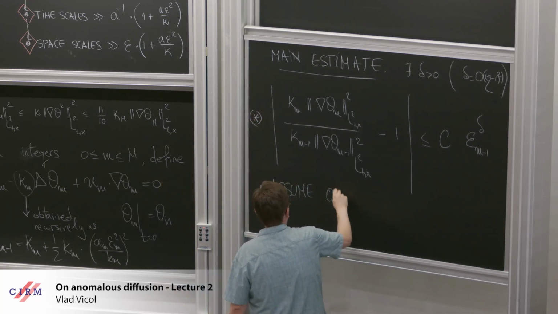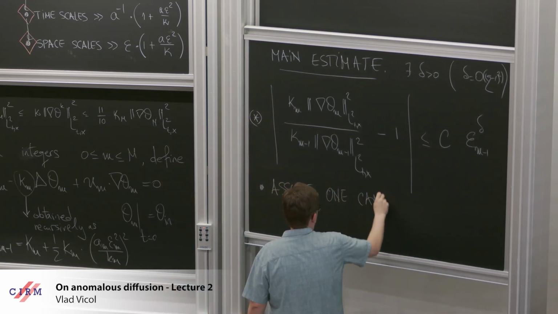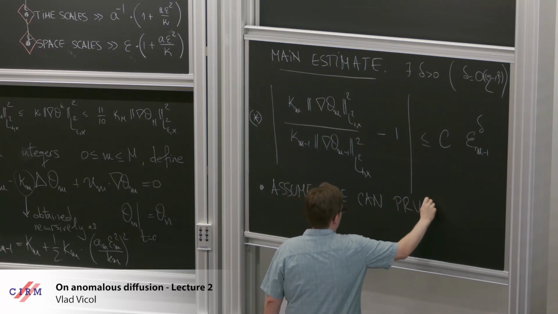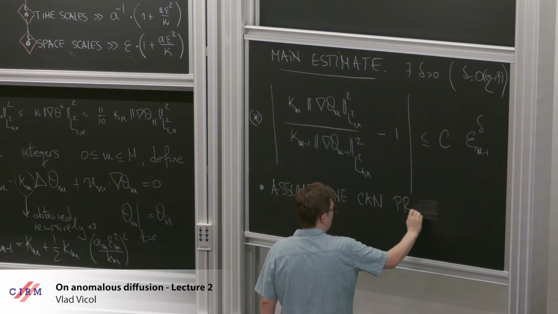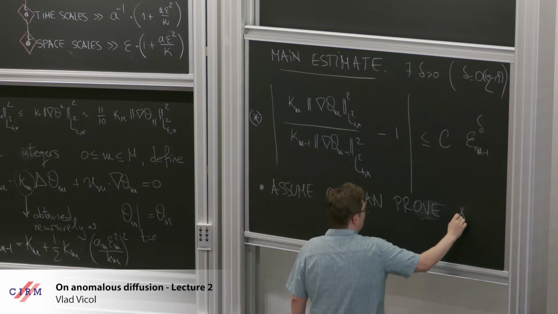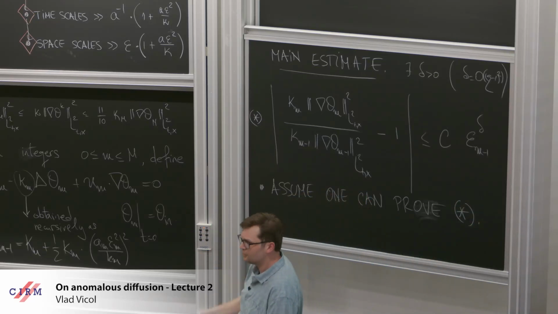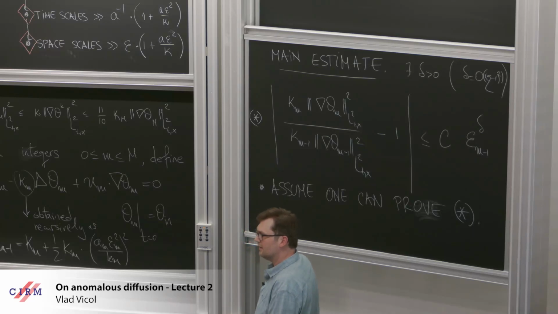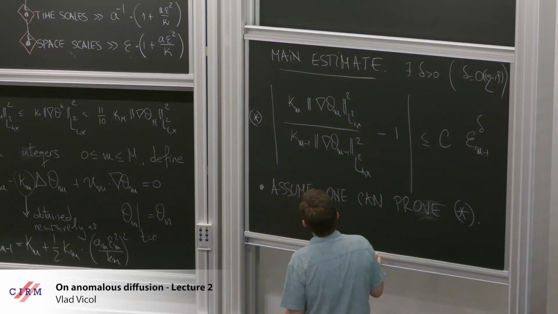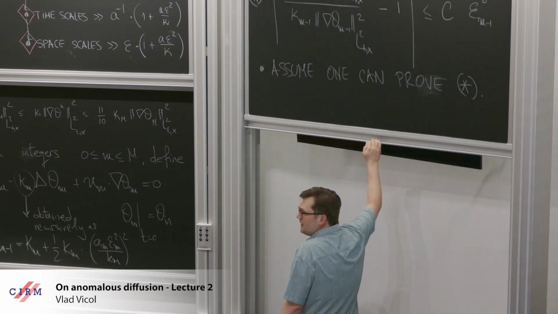Assume one can prove attempt 1. And by the fact that I've written attempt 1, of course the answer is no, you cannot prove it. Okay? But let's say you could prove it. What would be the consequence of that?